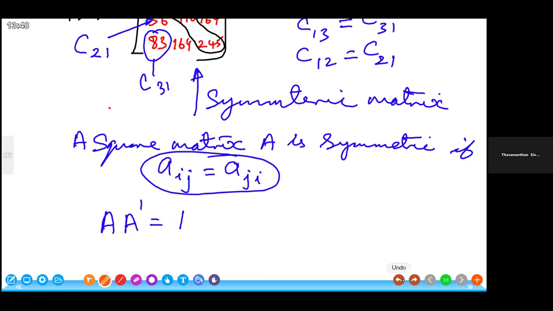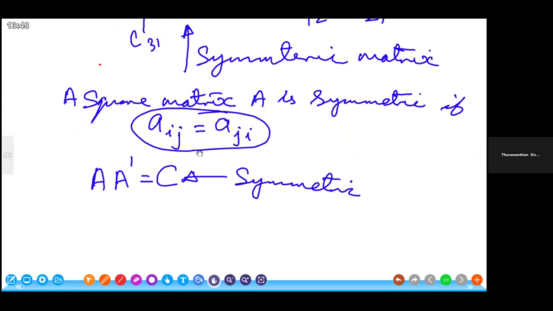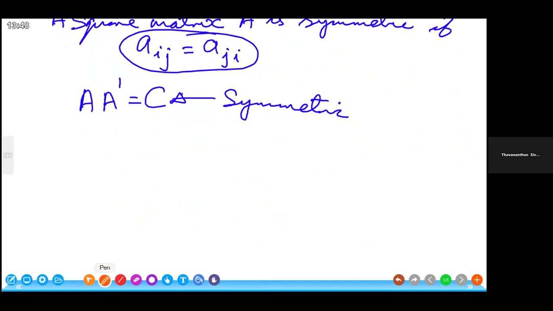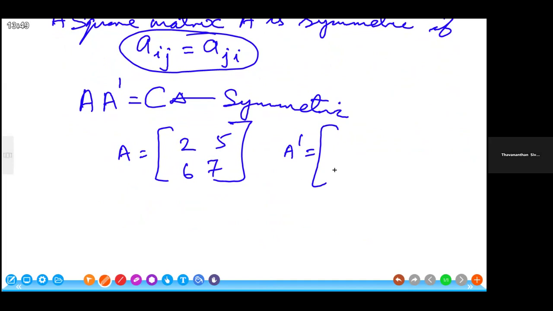So, a matrix C, which is symmetric. If you take an example, let's say a matrix A, 2, 5, 6, 7, a simple one. So A transpose is 2, 6, 5, 7.